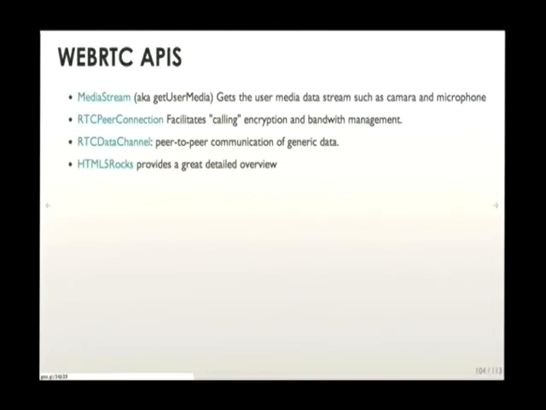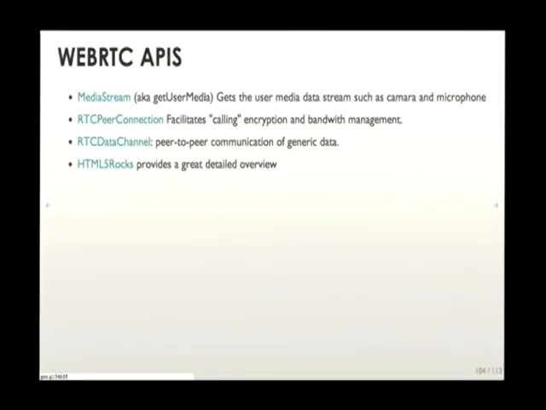WebRTC, it's important to keep in mind, is a set of APIs, not necessarily just one. The media stream or getUserMedia API is the one that enables getting at the media stream itself, accessing your camera and microphone. The RTCPeerConnection facilitates the calling and encryption and bandwidth management. That opens up the connection between two peers.